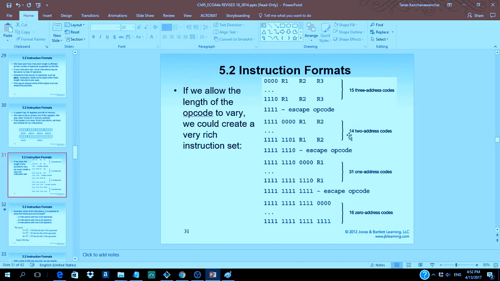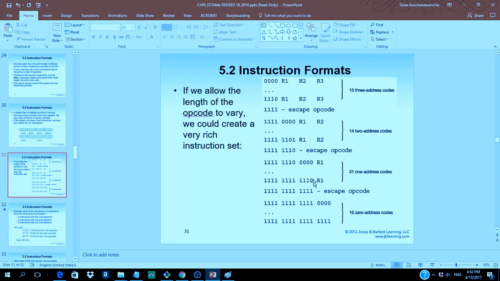So this one is going to be 14, right? 14 instructions with 2 addresses. We preserve that for escape. Then when we escape that, whenever it starts with 10, we know this is 1 register. Make sense?